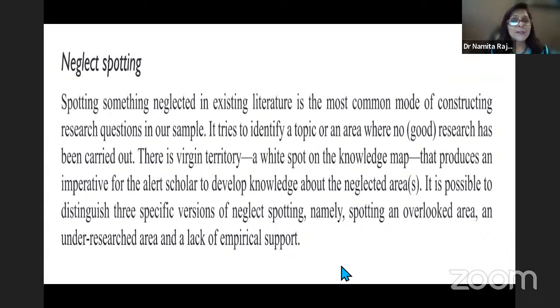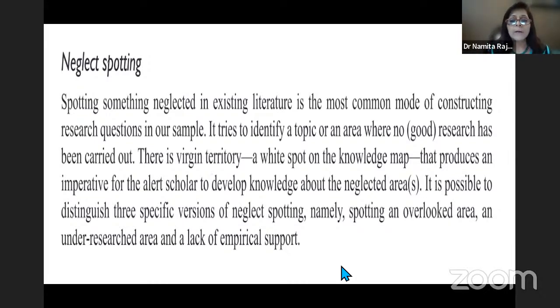It becomes your research topic and it becomes the research gap as well. So there is a virgin territory, a white spot on the knowledge map. So that produces an imperative for the alert scholar to develop his own theories, to develop that particular gap area.